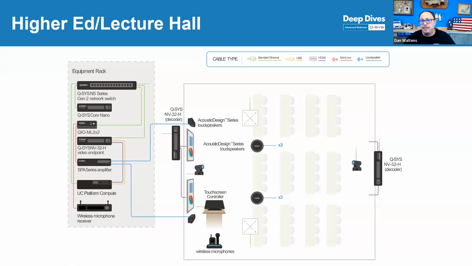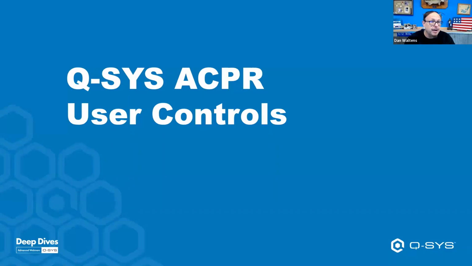The presenter could still lift their voice using a wireless mic, but maybe at the front of the room you're only gathering positional data on where the presenters are. You've got our QIO mic line 2 in, 2 out to add audio in and out for the SPA series amplifier for the wireless mic. So a couple channels out and a couple channels in for the mic, and the UC platform compute device. So basic setup there in that room.